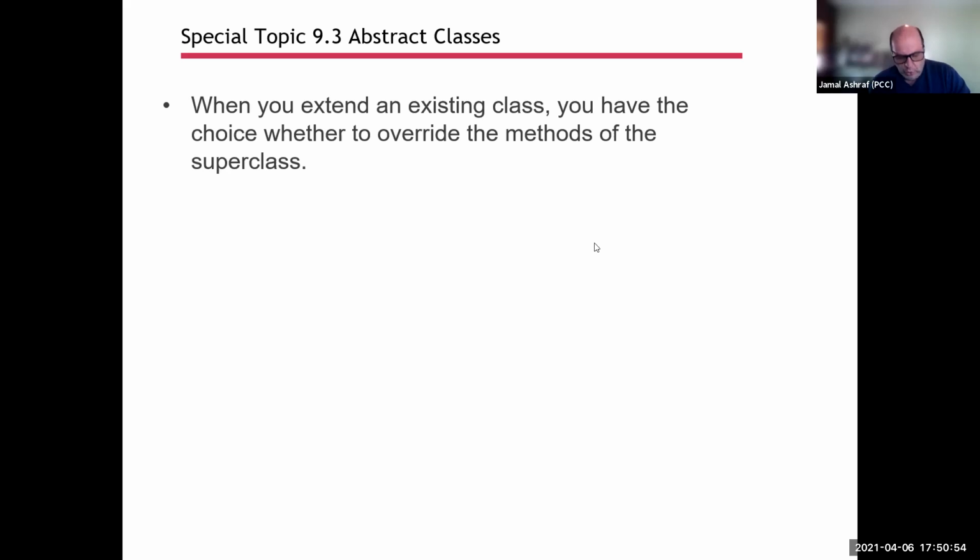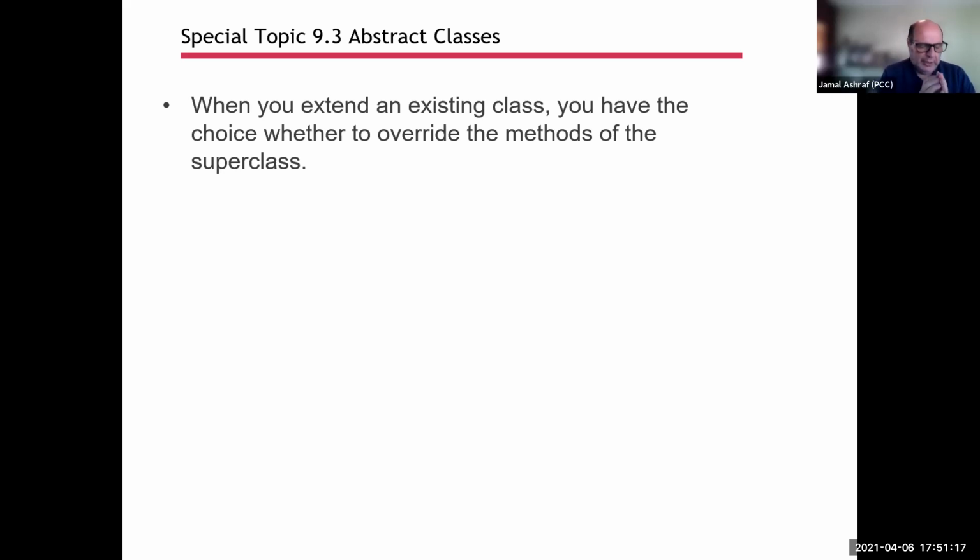Okay, so what we learned in chapter 9 was you have a class, a superclass, and then you're going to create a subclass for it. We learned about overriding methods. So if I have a method in a superclass, we are going to be overriding it to use it in the subclass.